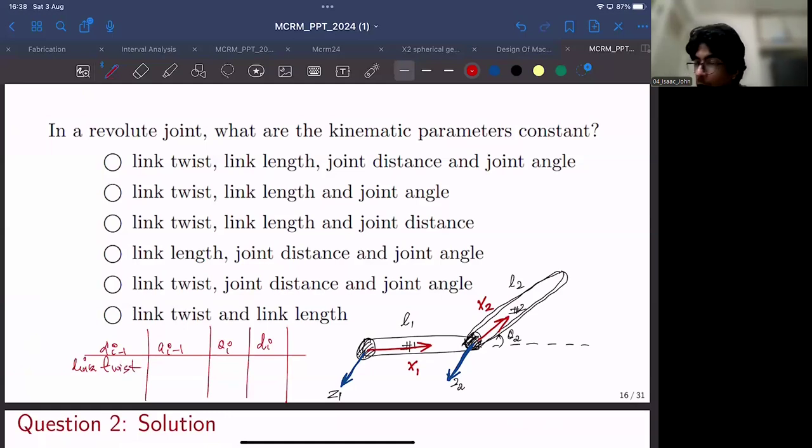And a i minus 1, or the translation along x i minus 1, is called link length. That parameter is called link length. And theta i, or the rotation about z i, is joint angle. And d i is joint distance.